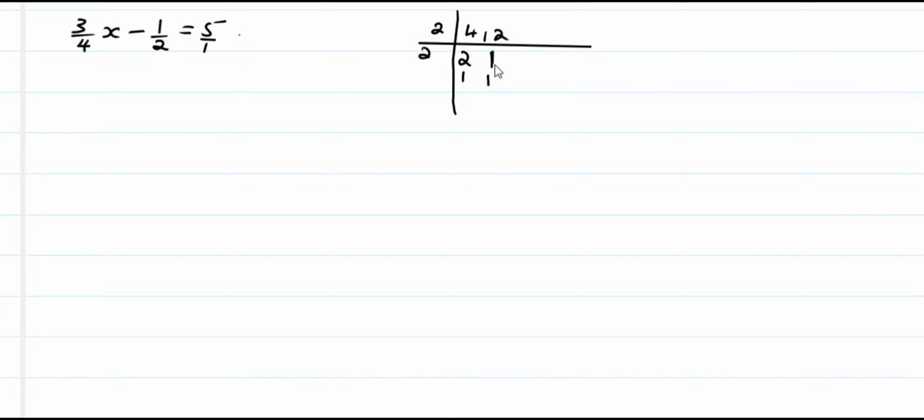So to find the LCM, you divide until all the values are 1. Then after that, you multiply these divisors, and that becomes the LCM. So in this case, it is 2 multiplied by 2, which is 4. So the LCM of all of these denominators is 4.